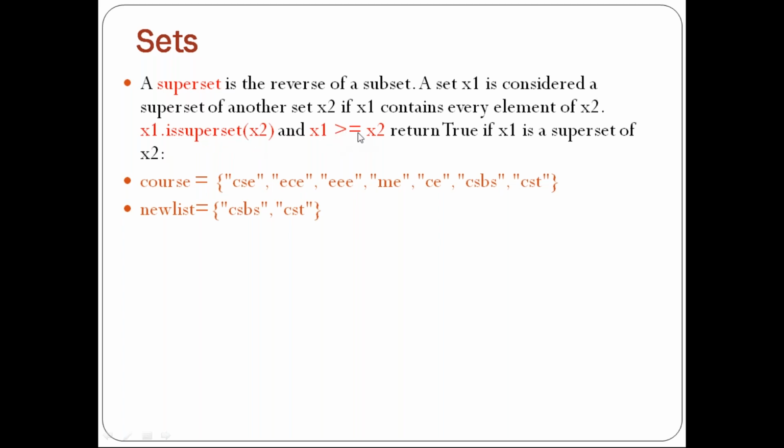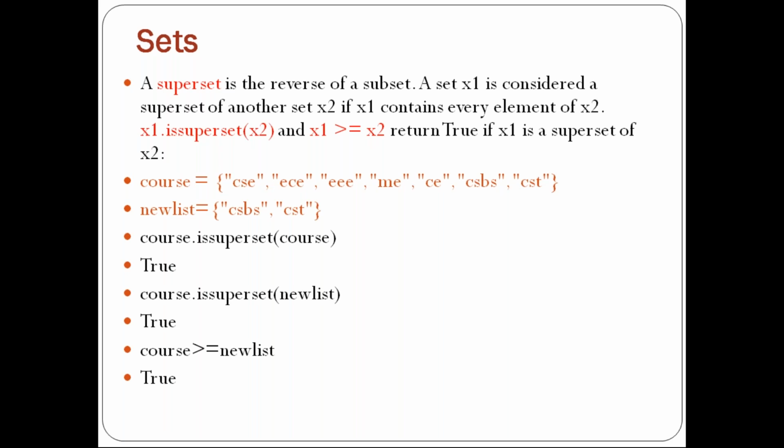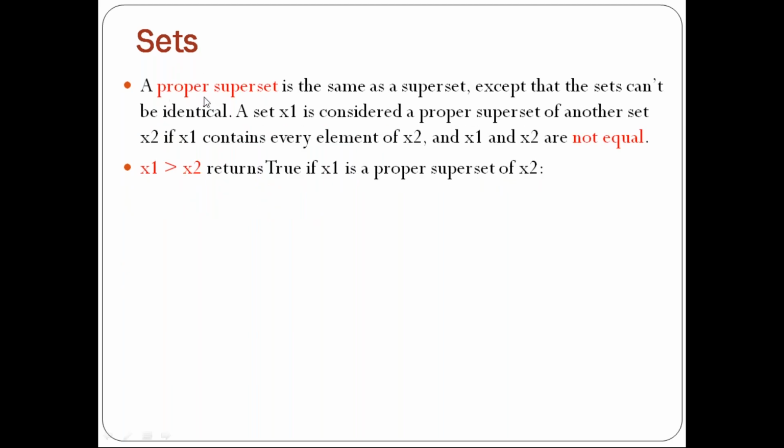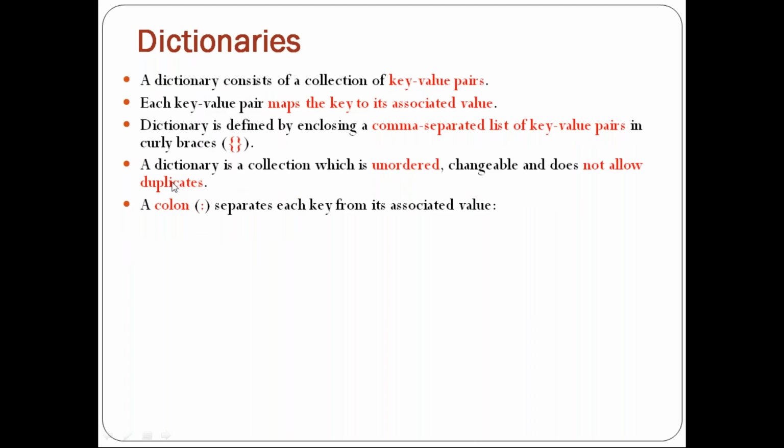Otherwise, we can make use of the X1 greater than or equal to operator over the two sets. And we are having the proper superset. X1 is said to be a proper superset of X2 if X1 contains every element of X2, but X1 and X2 are not equal. Then we say that X1 is a proper superset, and we can make use of the greater than symbol for checking that one.